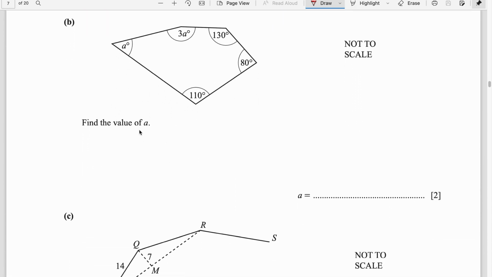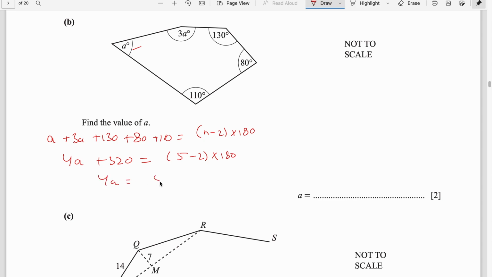B part, find the value of a. So this is 1, 2, 3, 4, 5, a 5-sided polygon. And I'm going to write all these. a plus 3a plus 130 plus 80 plus 110 is equal to n minus 2 into 180, the sum of angles of polygon, which is 4a plus 320 is equal to 5 minus 2 into 180.